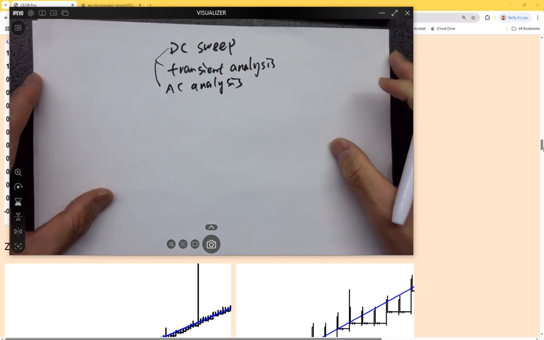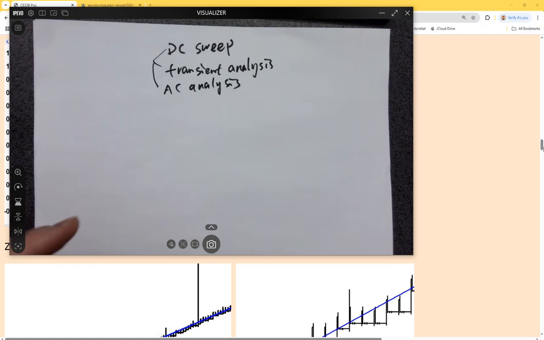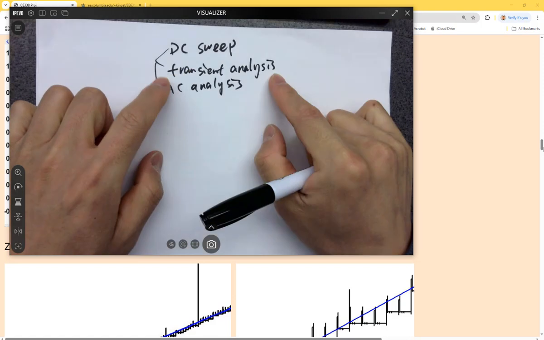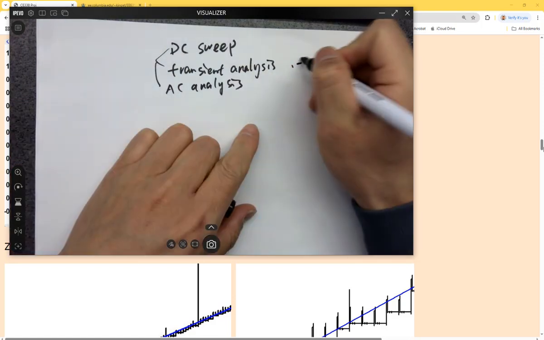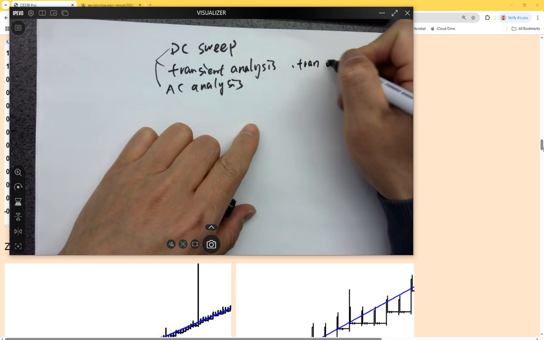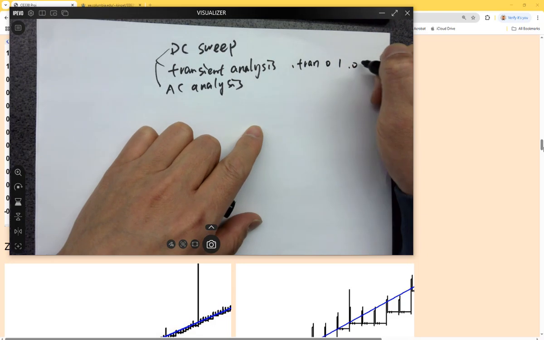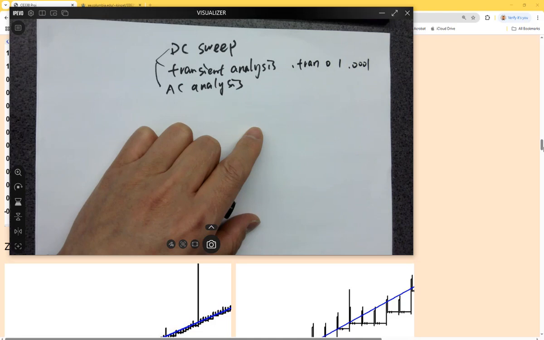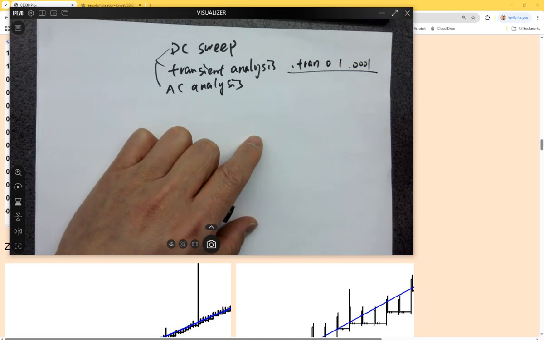Maybe they'll ask you, what is the DC sweep in SPICE? Can you write SPICE code for a DC sweep to run this kind of simulation during the interview, right? Can you run the transient analysis? So transient analysis is just in the time domain. You do a .tran from 0 to 1 second and 0.001 second to plot a point for the simulation as a resolution, right?